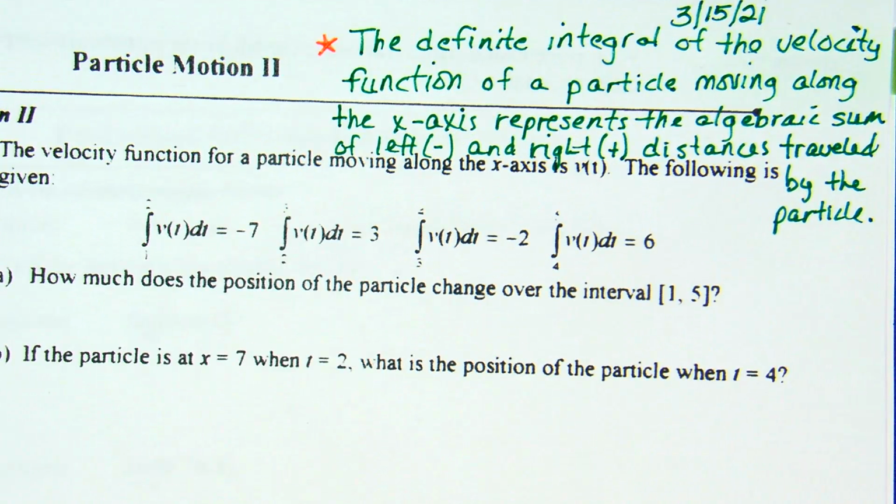Okay, so the definite integral of the velocity function of a particle moving along the x-axis represents the algebraic sum. So how far left, which of course are negatives, and how far right, which are positive, those distances put together traveled by that particle. So that integral is representing the total sum.